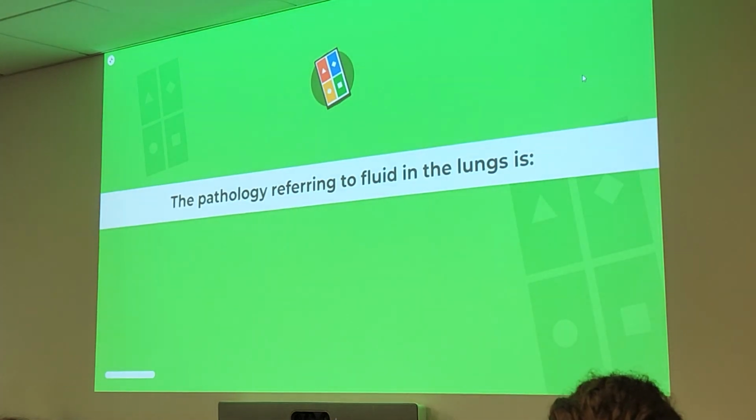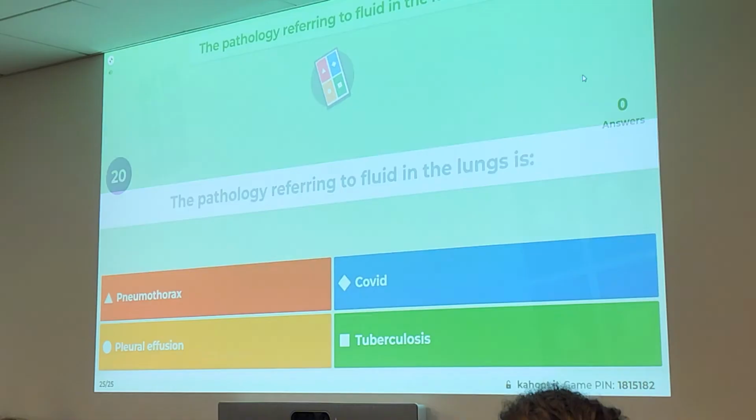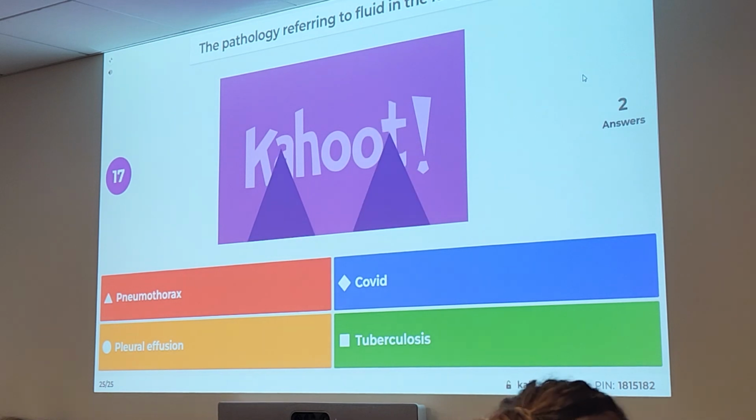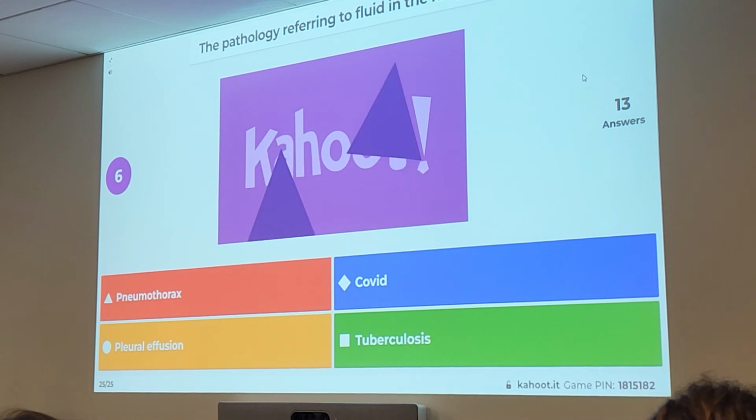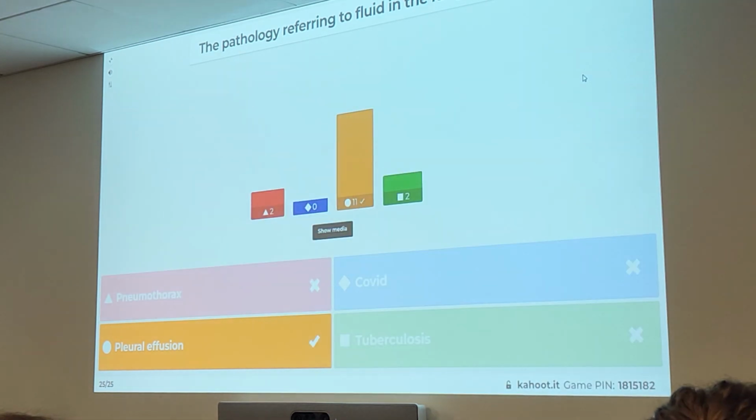The pathology referring to fluid in the lungs is pleural effusion. Pneumothorax would be air in the chest wall. Pleural effusion is going to be fluid in the lungs. Tuberculosis is a bacterial infection. So make sure you look over those pathologies as well, guys. Make sure you know how to define those.